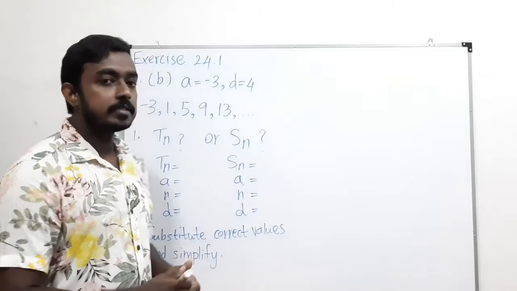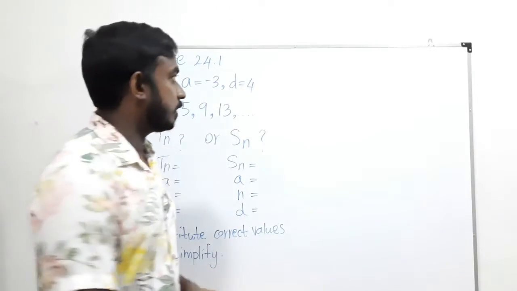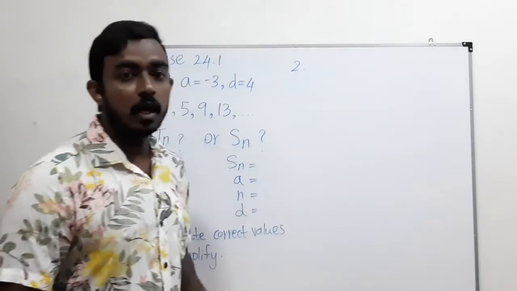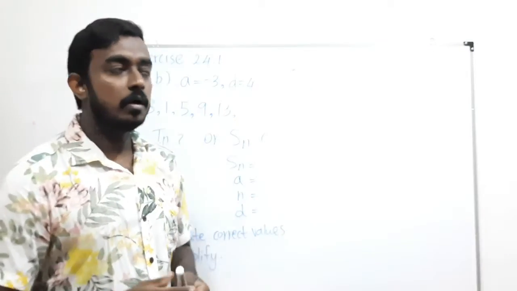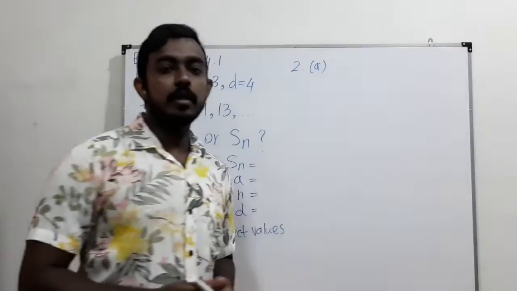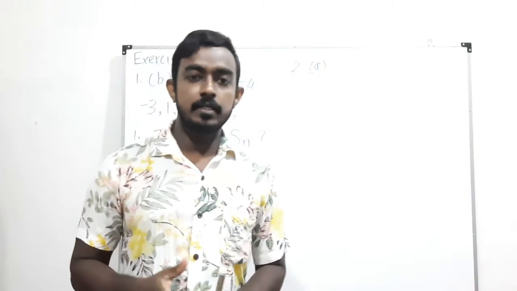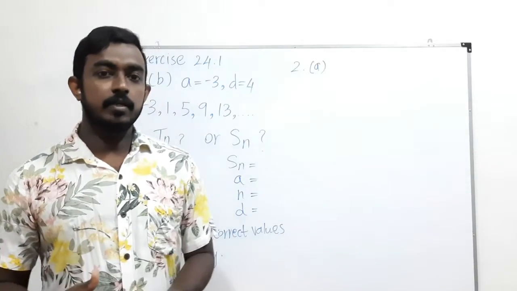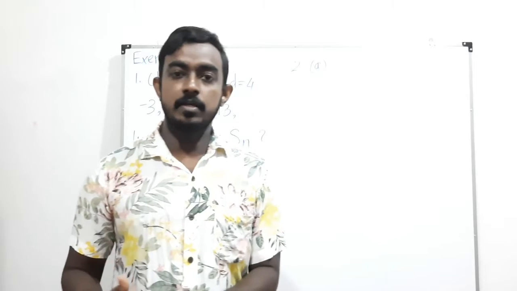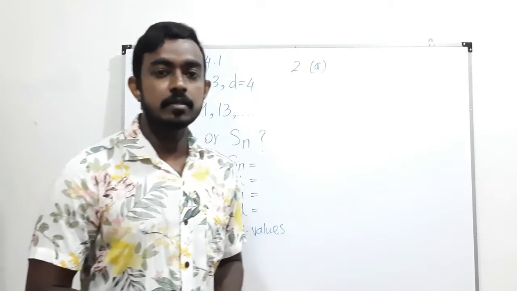Okay, now let us see how we are going to do the second question of this exercise. Second question, I thought to use the first, that means question A. And there they have given us an arithmetic progression as 13, 15 and 17, and we want to find the 10th term.